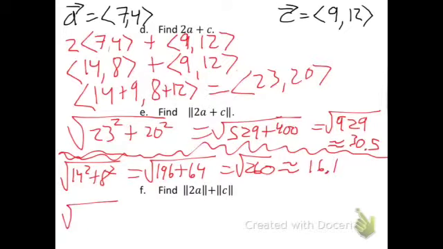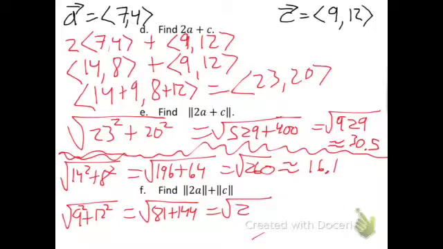So we're going to do the square root of 9 squared plus 12 squared. 9 squared is 81. 12 squared is 144. 81 plus 144 is 225. When you take the square root of that, it's not even approximately anything. It is equal to 15.